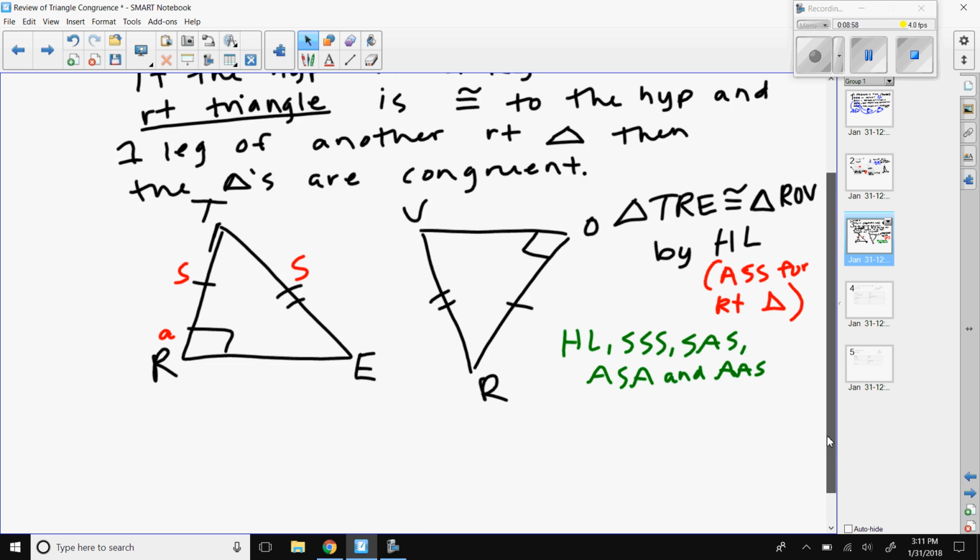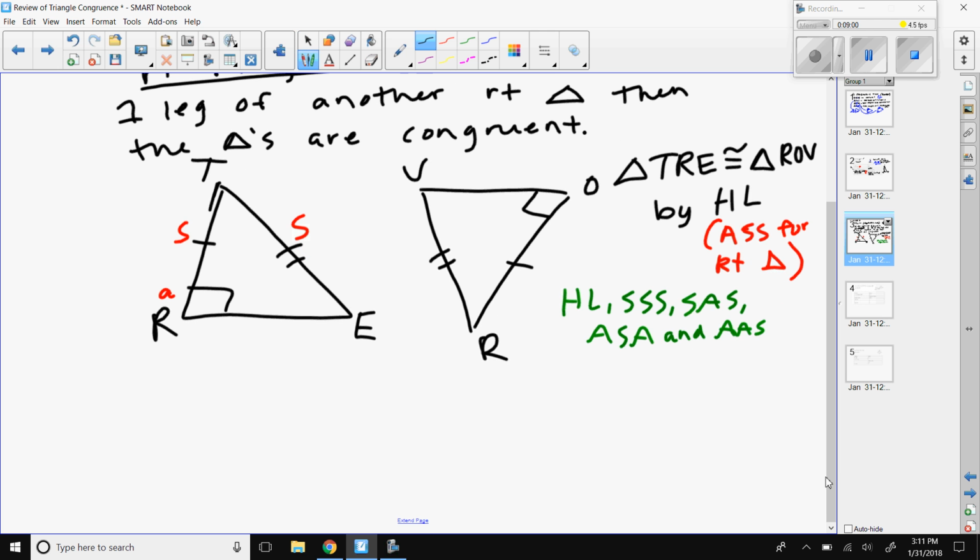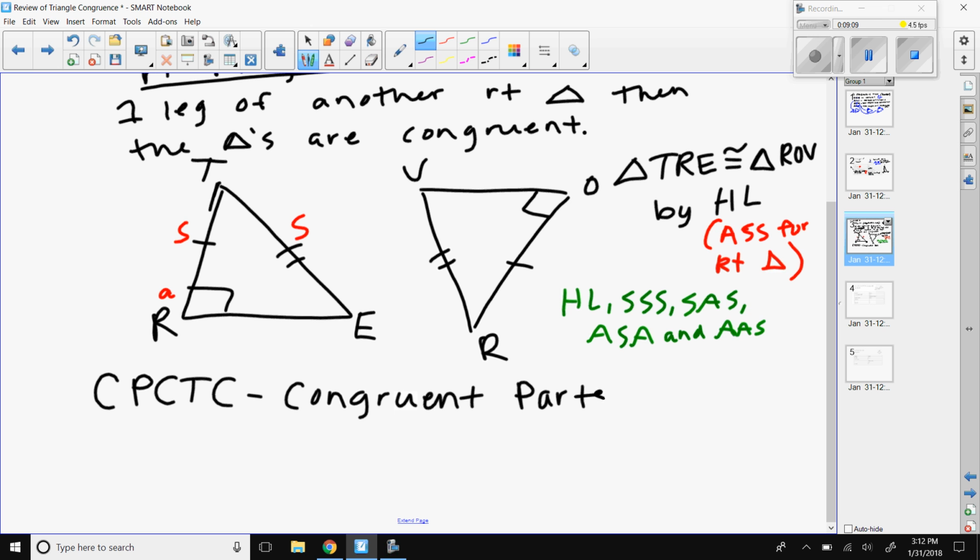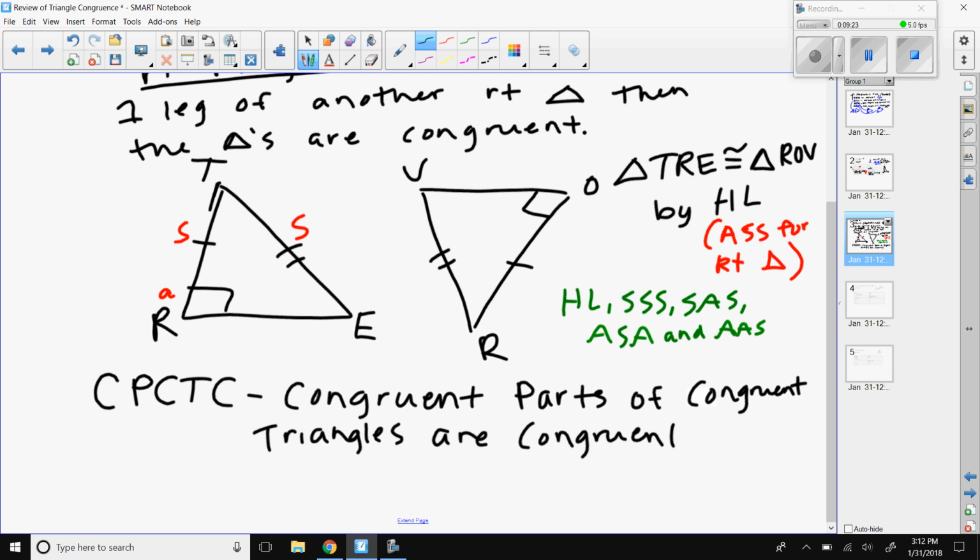Okay. The other thing that we discussed in class was this thing called CPCTC, which is congruent parts of congruent triangles are congruent. And it's a nice acronym for us. What it's saying is that once we prove them congruent by these things, we can say the other parts are congruent.